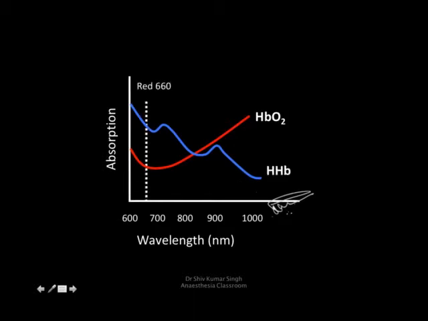Then you draw a line through 660 nanometers, that is the red range, where maximum absorption of the deoxygenated hemoglobin occurs, and 940 nanometers where the oxygenated hemoglobin is absorbed. The point where both absorptions are equal is known as the isosbestic point, and this is around 800 nanometers.